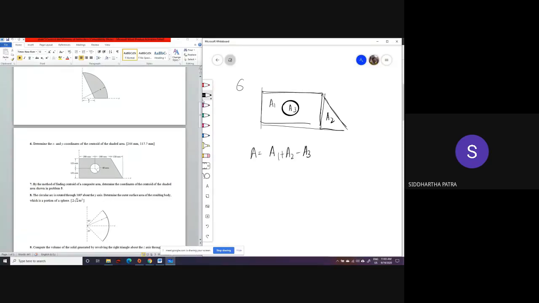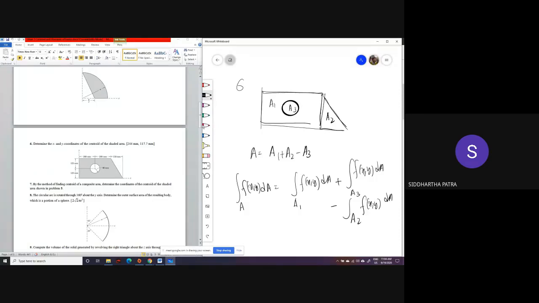If I'm trying to find out the centroid or the moment of inertia or any other quantity, and I'm performing an area integration, whatever function of x and y over dA, it is actually f of x and y dA over A1 plus A2, minus that same quantity over A3.